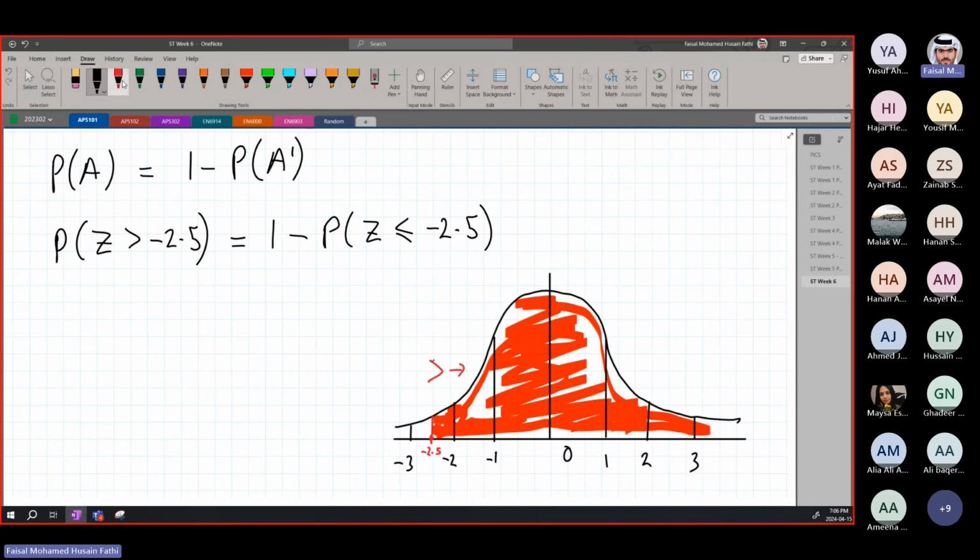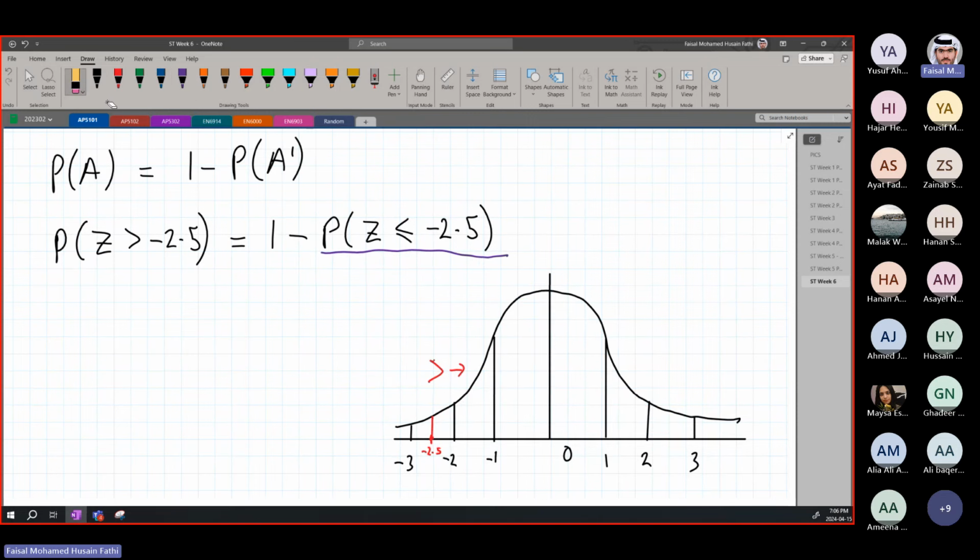So now if we want to plot this part, we're not going to look at this anymore. We still are looking at the negative 2.5, but now we are looking at the less part. The lesser part is basically here. Remember, this is a probability curve.